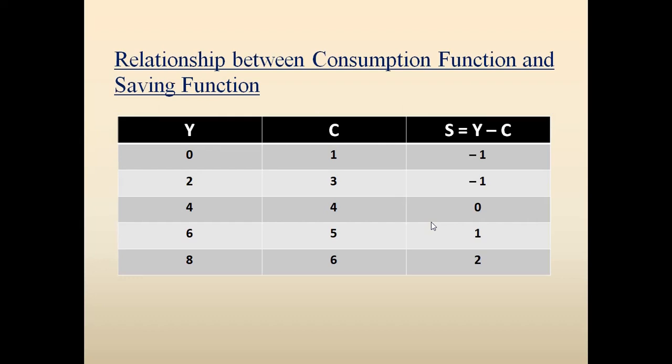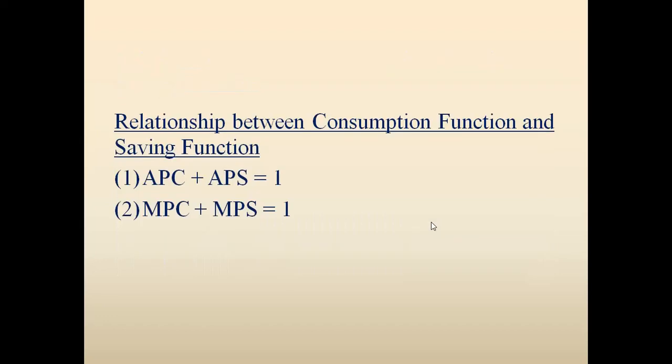Now we can see from this particular schedule or table the relationship between the consumption function and the saving function. Just like we have already derived, APC plus APS equals 1, or MPC plus MPS equals 1.